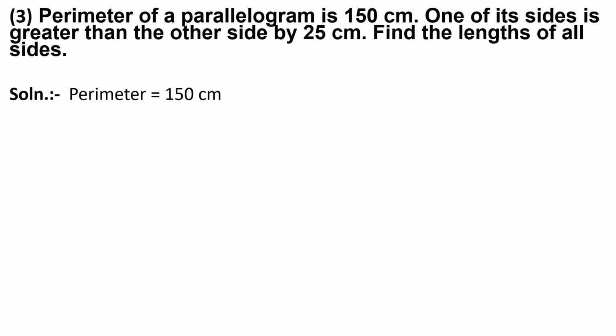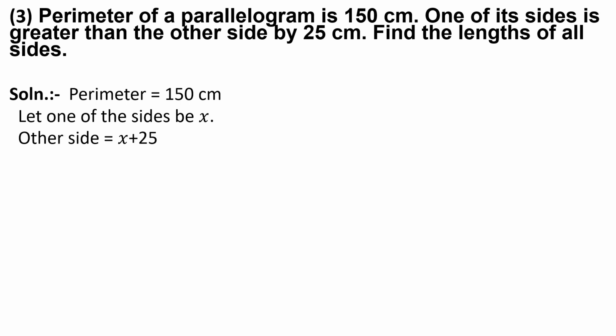So let us start. What is given? Perimeter equal to 150 centimeter. So let one of its side be x. So another side is greater by 25 centimeter. So x plus 25 will be the other side. Perimeter is equal to sum of all sides.